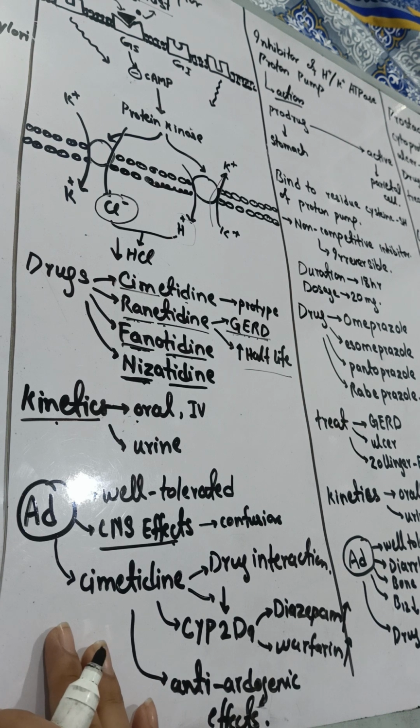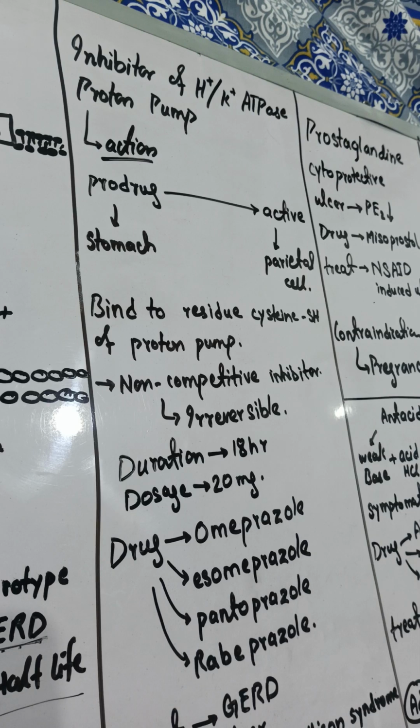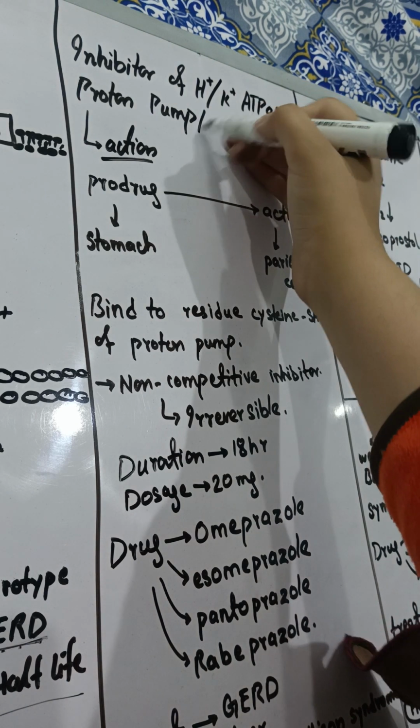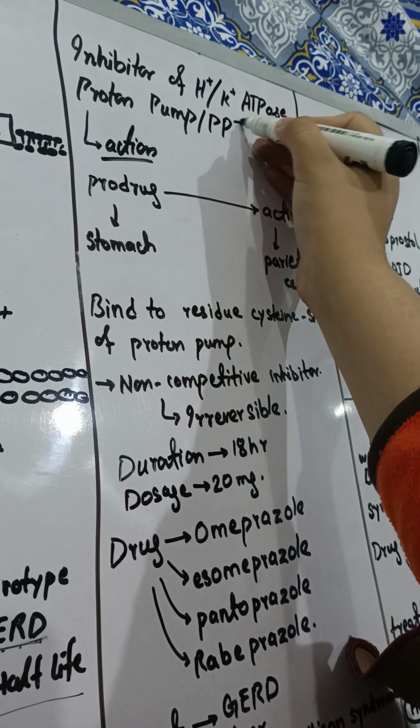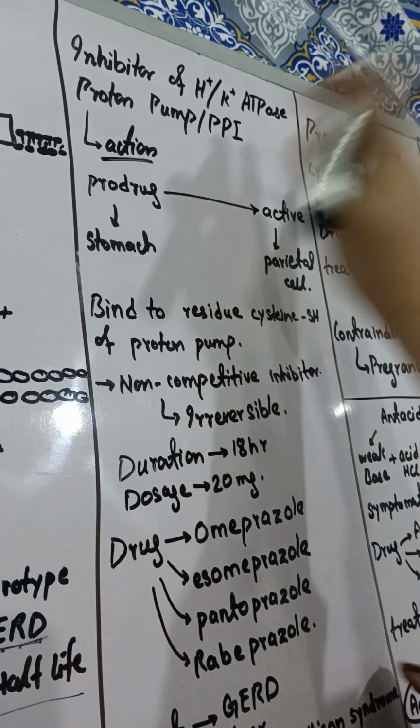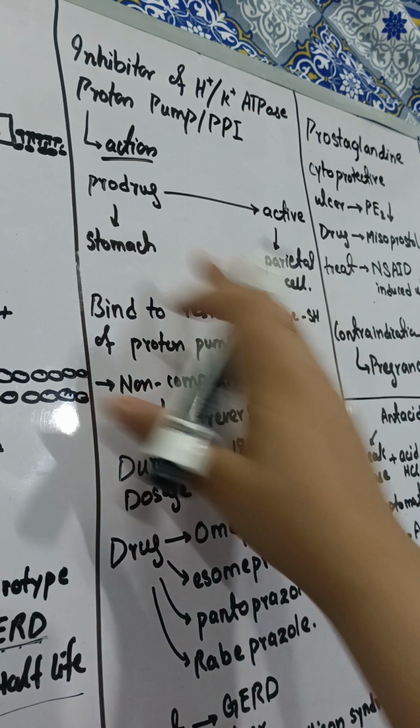Now let's discuss the other type of drug which is used to treat ulcer. Next we will use inhibitors of the hydrogen potassium ATPase proton pumps. In short these are called PPIs, proton pump inhibitors. So what are their actions?